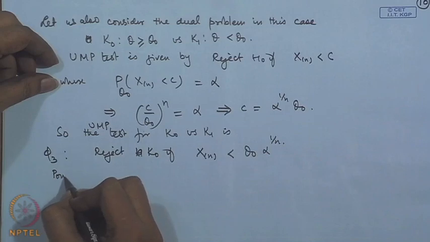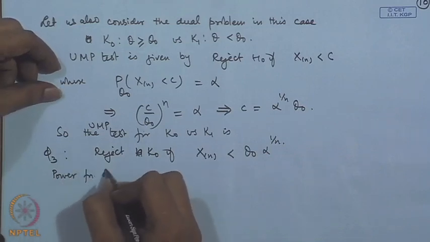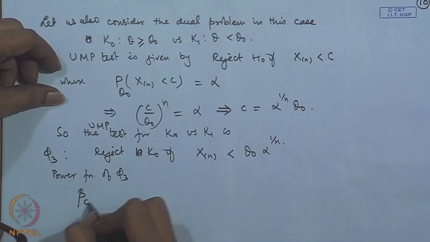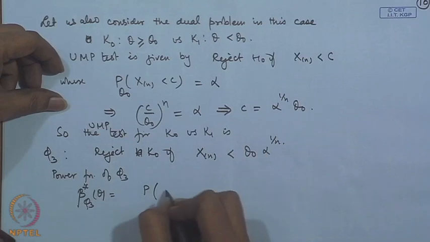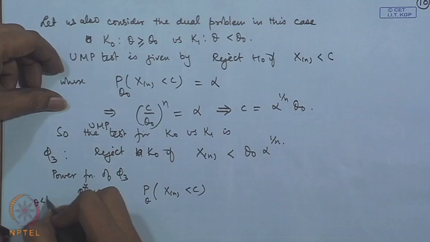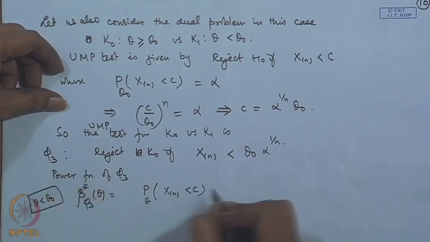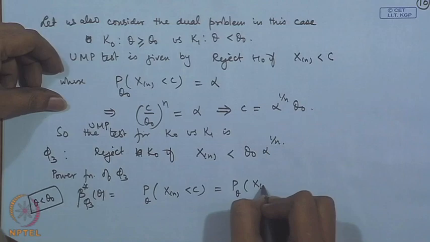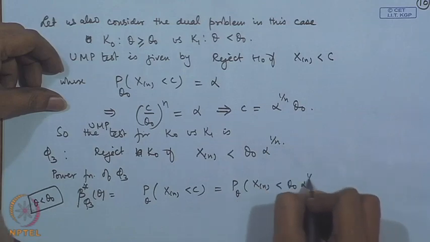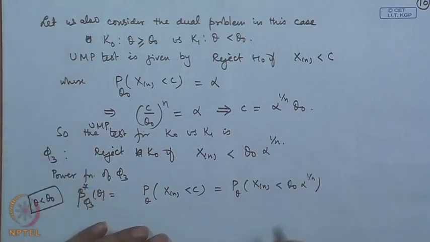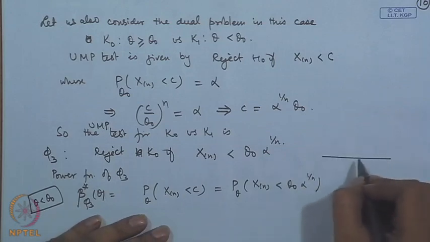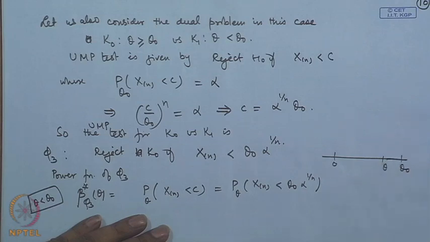We may also consider the power function of phi 3, that is beta phi 3 theta, equal to the probability of x n less than c when theta is the true parameter value, but theta is less than theta naught here. That is equal to P theta of x n less than theta naught alpha to the power 1 by n. Now, the range of x n is from 0 to theta, and this theta is less than theta naught.